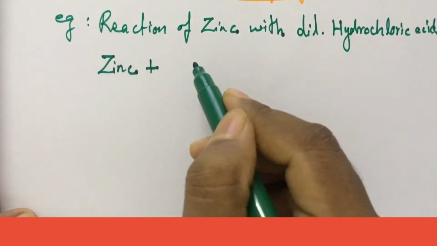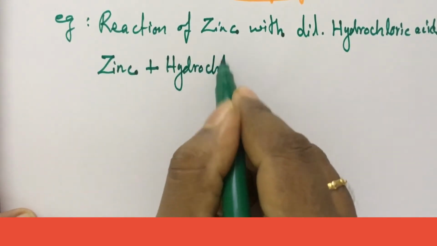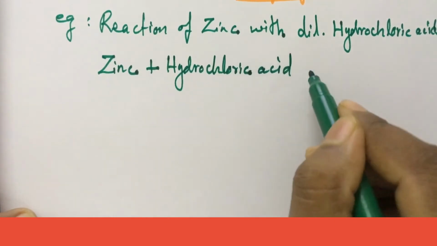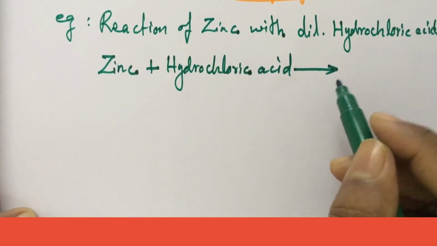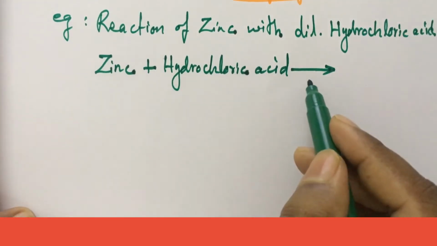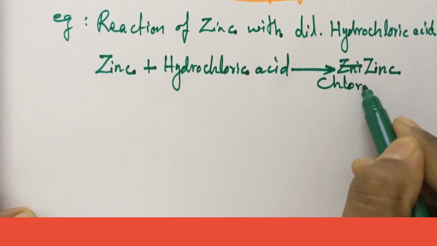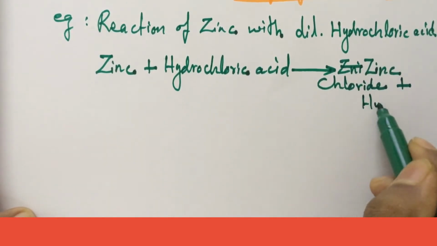I am writing the word equation first. Zinc plus hydrochloric acid, put an arrow, this arrow we say gives, so zinc plus hydrochloric acid gives zinc chloride plus hydrogen gas is produced.